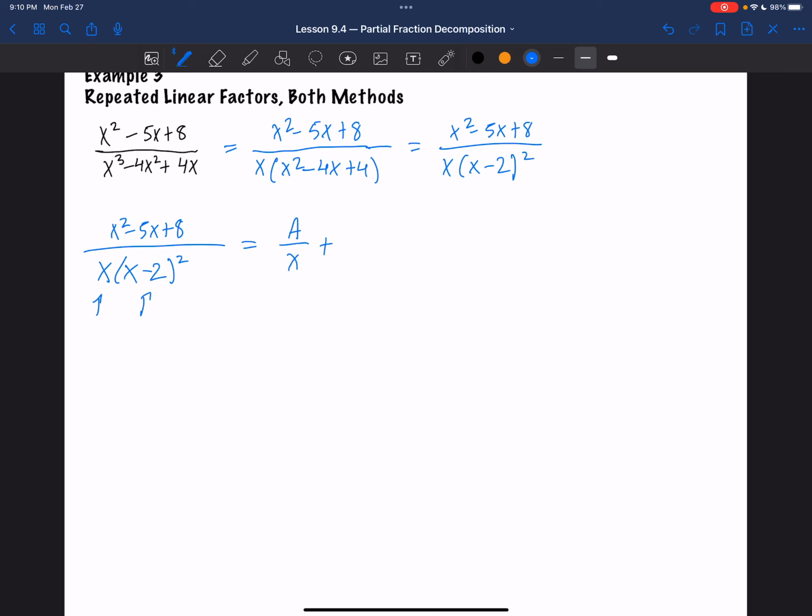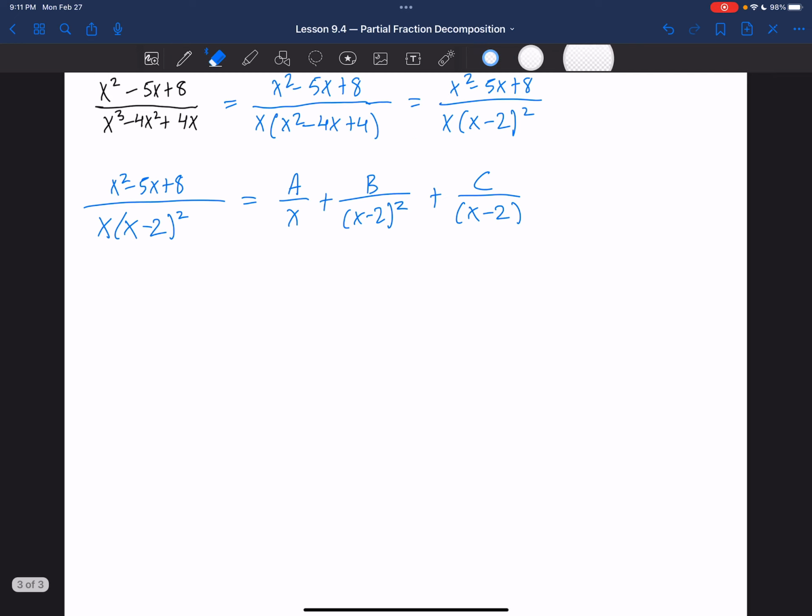Plus, the second factor is (x minus 2) squared, so it's B over (x minus 2) squared. But you could have another partial fraction that only had the denominator x minus 2. We don't know. We have to see whether that's actually there. It might be.